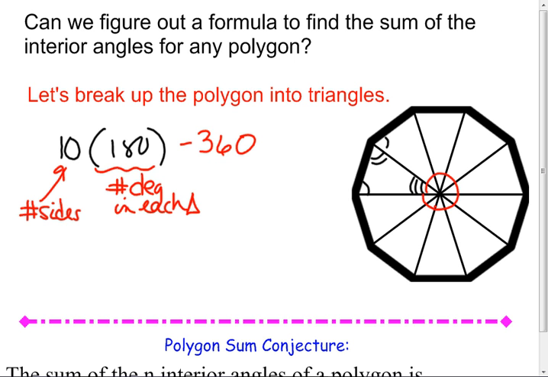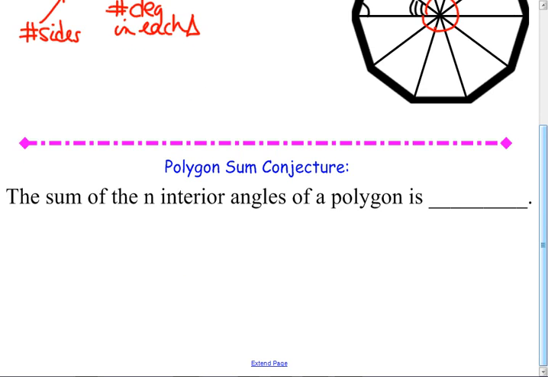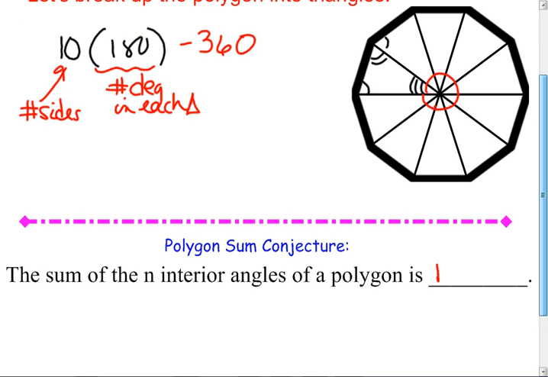So I can come up with maybe a formula that I think will work: the number of sides times 180 degrees, but I have to subtract off that inner circle, I'll always get that, minus 360. That's the formula we might use. I'm going to show you a different formula, but they are the same. It finds the sum of the interior angles in a polygon.